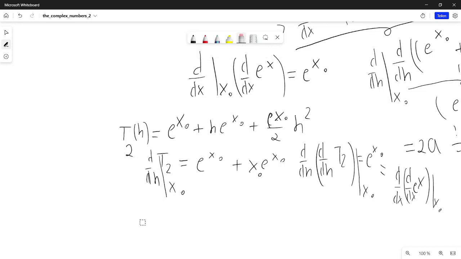So this derivative should have this term eliminated, right? So we would like some d/dh, we alter our T2 to T2'(x0) equal to 0.